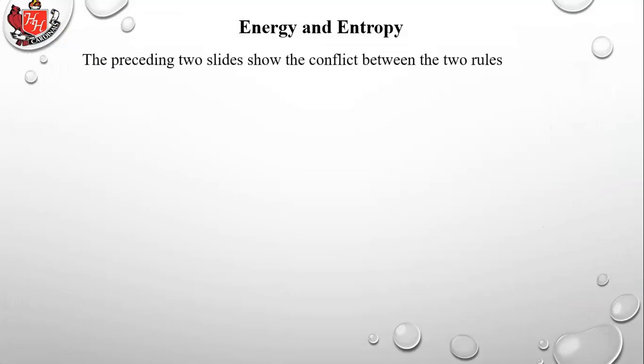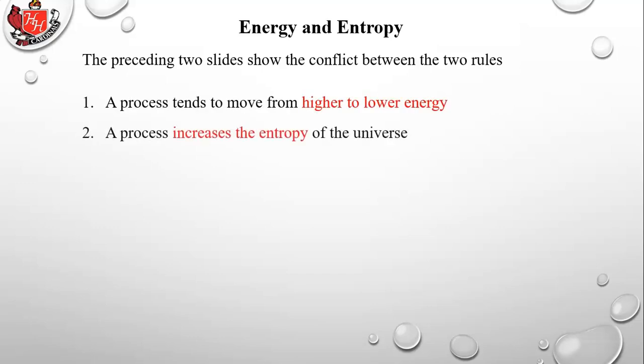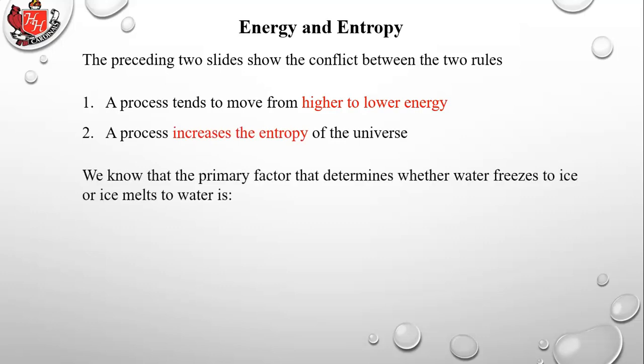So the preceding two slides show the conflict between the two rules. A process tends to move from higher to lower energy, and a process increases the entropy of the universe. We know that the primary factor that determines whether water freezes to ice or melts into water is what? And we know what that is. It is temperature.